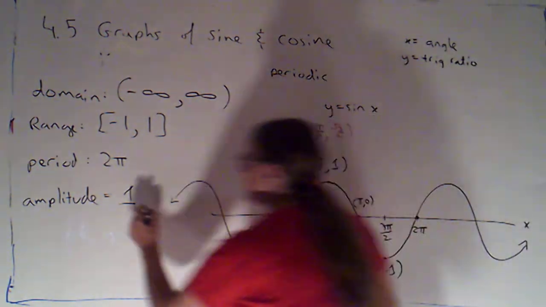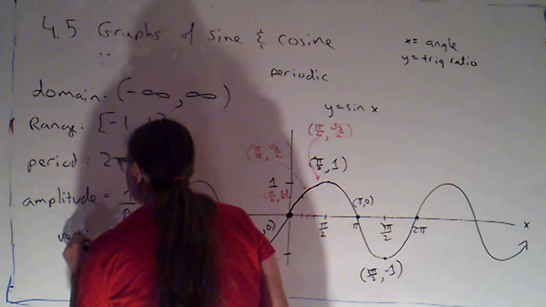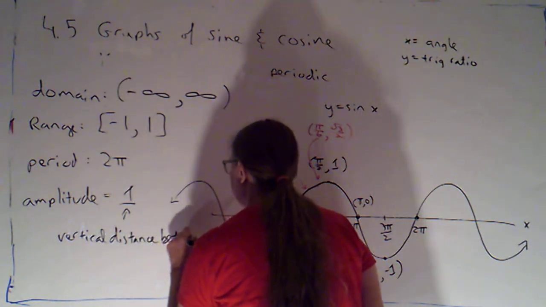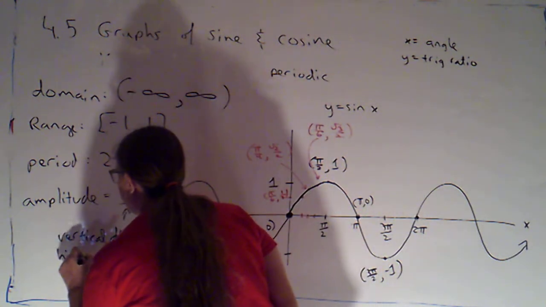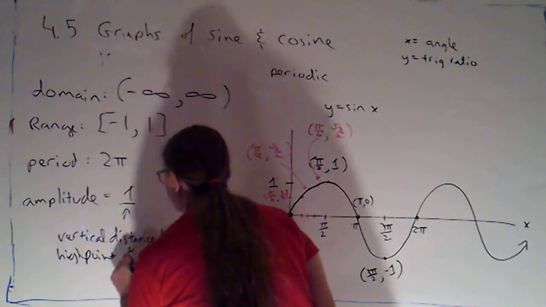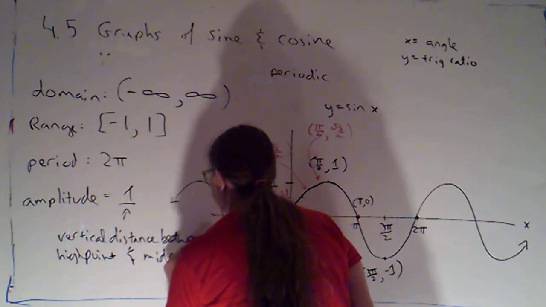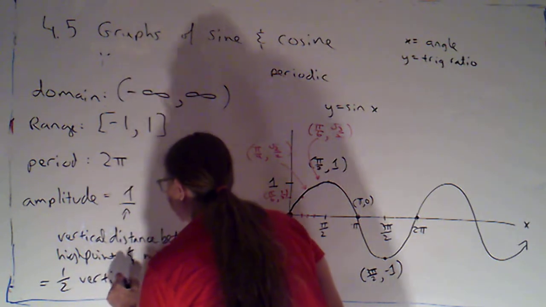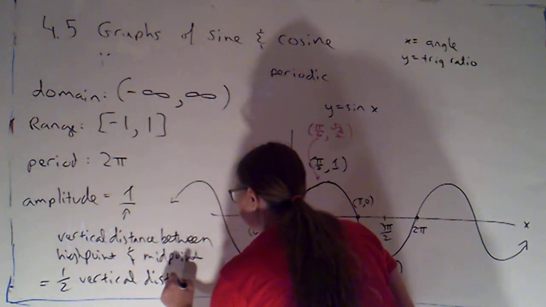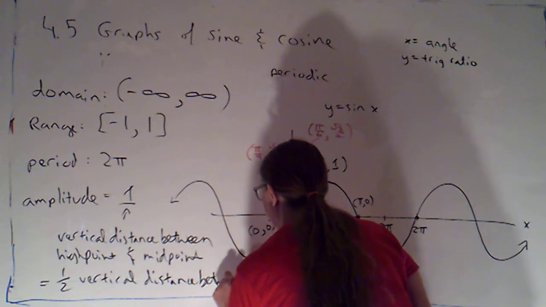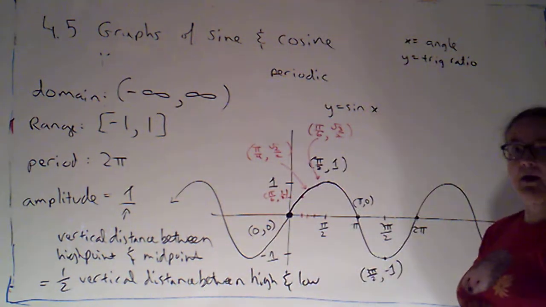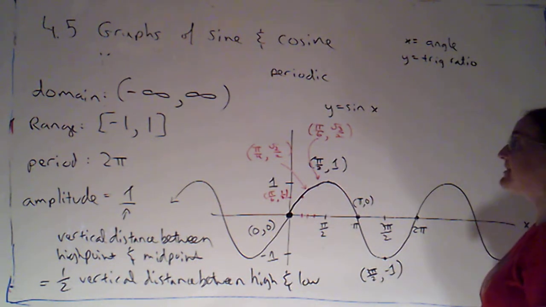So I can think of this as either vertical distance between high point and midpoint, or half the vertical distance between high and low. Okay, so that is our lovely graph of sine.